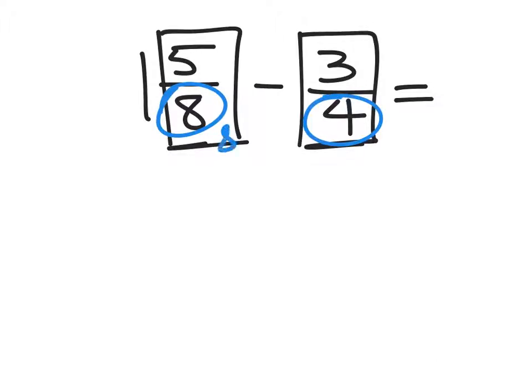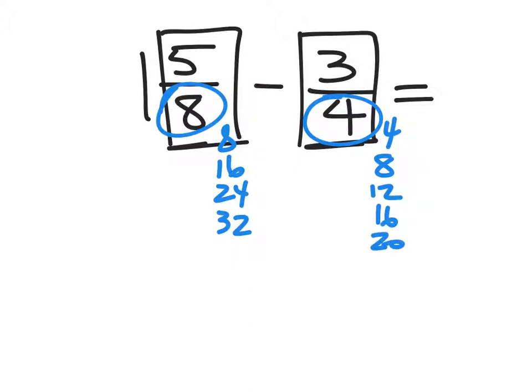So 8, 16, 24, 32. Finding multiples, right? 4, 8, 12, 16, 20. And I find the number 8 is on both lists. And in fact, it's the smallest number on both lists. So I'm going to change my denominator in both fractions to 8.